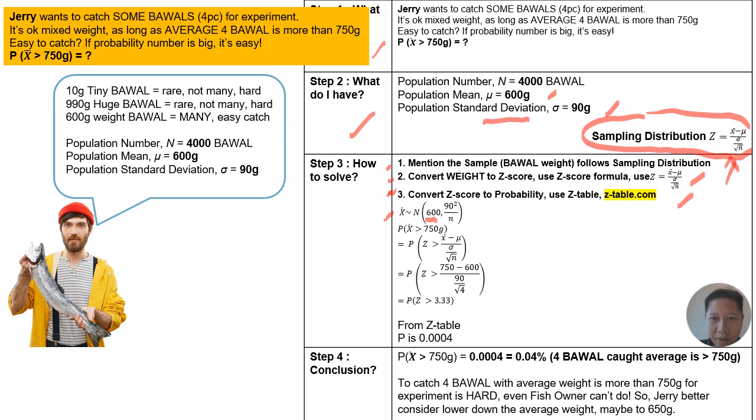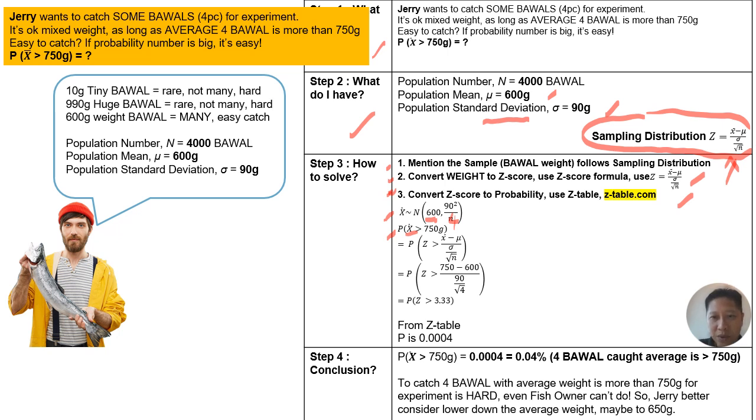So n later on will be 4 here. We're going to write our probability definition. We want to find the probability of catching 4 fish with average more than 750 grams.